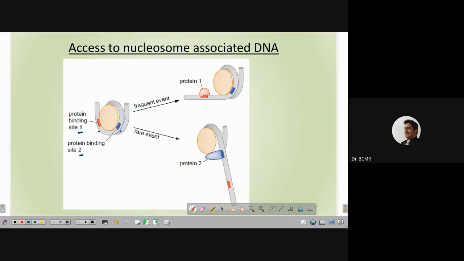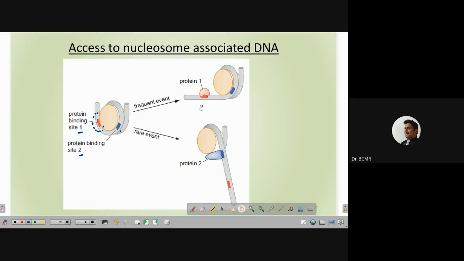If it is at the edge as shown here, then it is a frequent event, because the nucleosome could slide backwards, and in that time this DNA can get exposed, and then protein 1 may bind here. That's usually a frequent event, because these are not completely rigid structures.